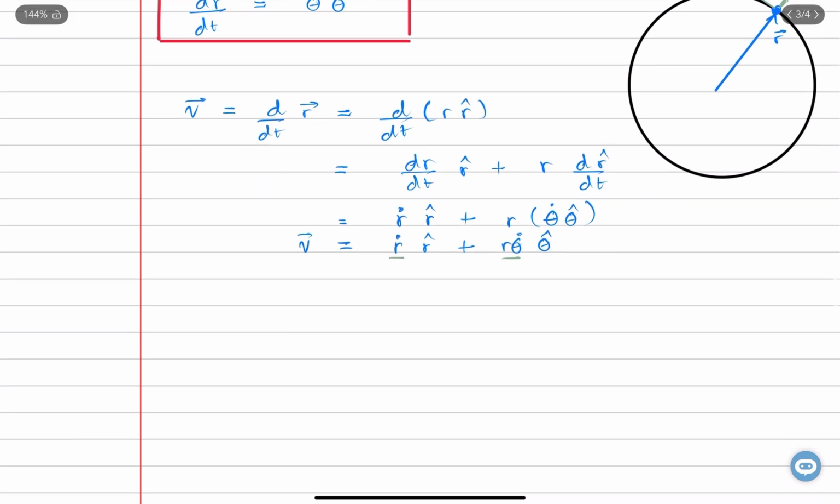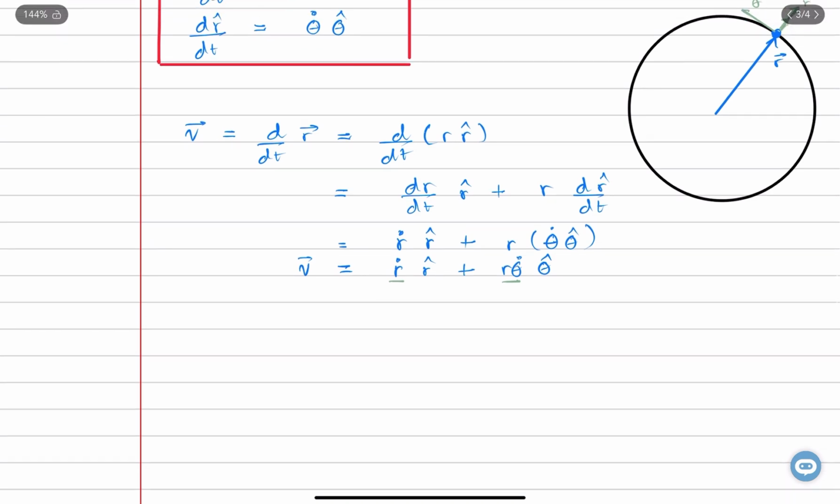What I mean by that is, if the motion takes place in a straight line, then theta is constant, which would mean that theta dot is non-existent. In that case, this last term would vanish, and the particle will just keep moving along a single line, right?